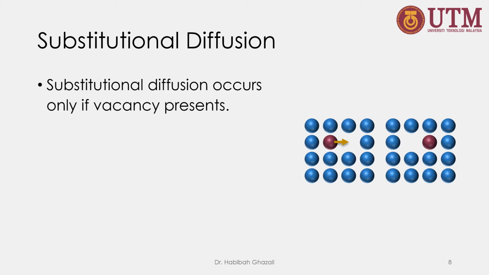So from here, you can see that this mechanism of diffusion is dependent on the amount of vacancies and also on the existence of the vacancy itself in the crystal structure.